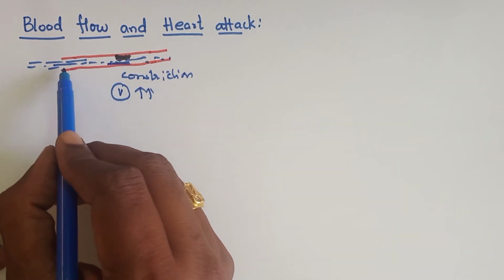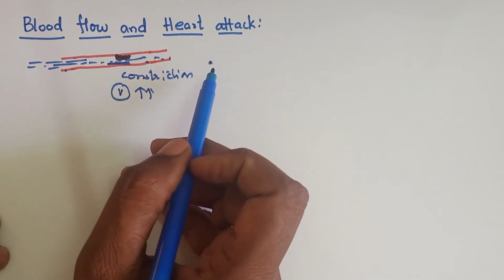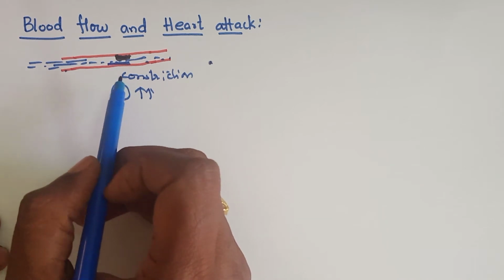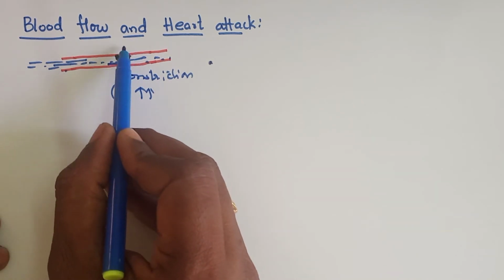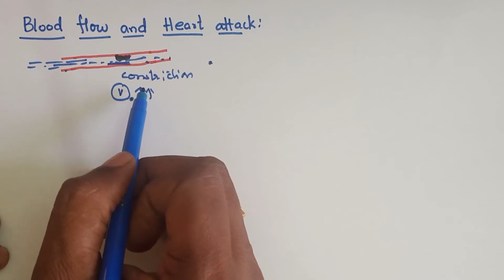So in order to drive the blood to the heart, a greater demand is placed on the heart. The speed of flow in the region is raised, as well as pressure is decreased. Now what happens?